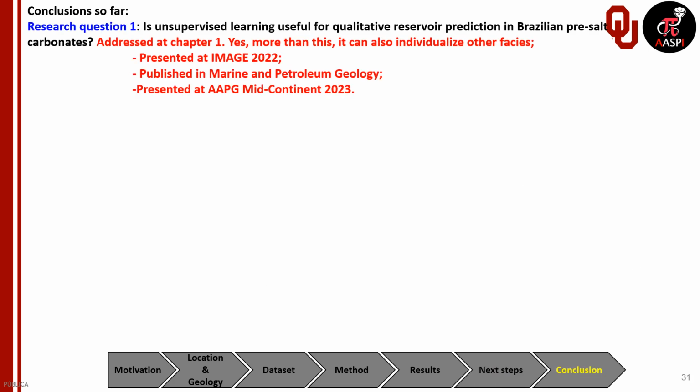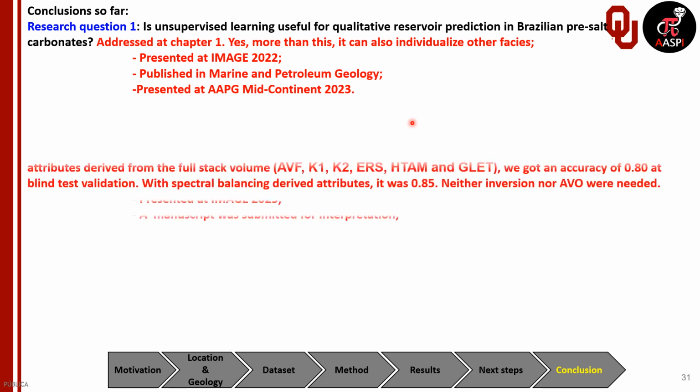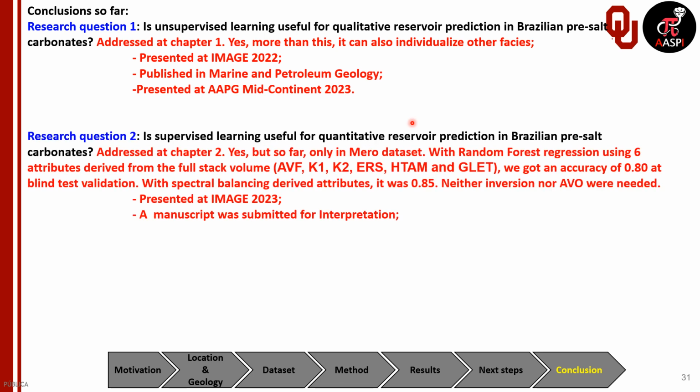Okay, so the conclusion so far is that supervised learning is very useful for qualitative prediction. It was addressing chapter one, and it was published for the academic community. Research question two: yes, it's possible to make quantitative predictions using supervised regression, mainly with random forest, using six attributes.